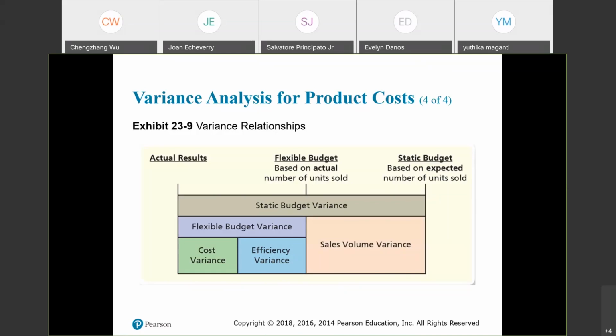If the sales volume increases, the unit fixed manufacturing overhead decreases, and vice versa. So these two parts, flexible budget variance plus sales volume variance, constitute the static budget variance. That is the difference between the actual performance and the budgeted values.